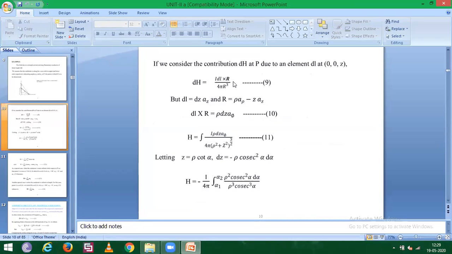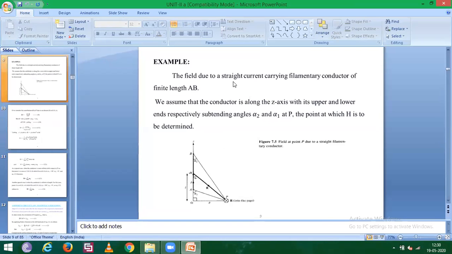The current carrying conductor is along the z direction, therefore the small length dl is dz along the z direction. So dl is equal to dz az, and R is equal to rho a rho minus z az, if you are writing it in the cylindrical coordinate system.